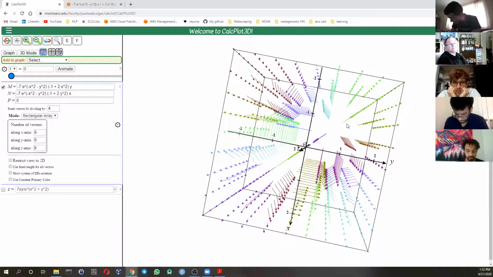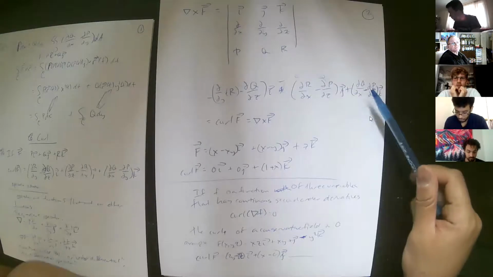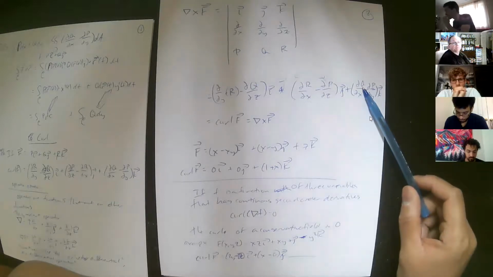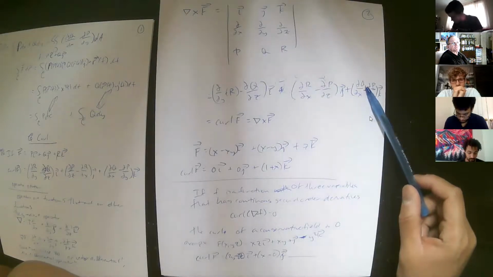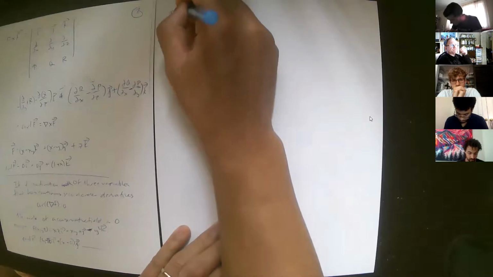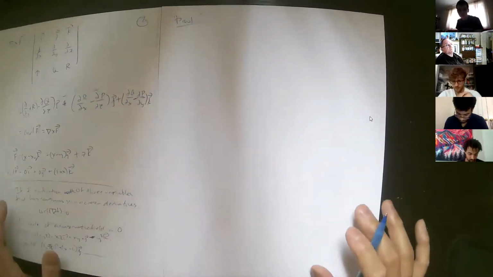So let's look at this equation right here. What does this say? Let's look at Q. Q is the derivative of f with respect to y, right? If my field is conservative. Let's go over here. So this is a proof, not really a proof, but a discussion of why this is true.